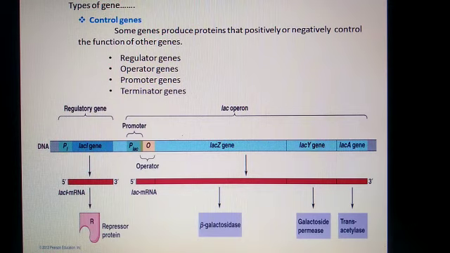And last one is terminator genes. These DNA segments lie in the end of the message and stop or terminate the transcription activity of all types of genes.